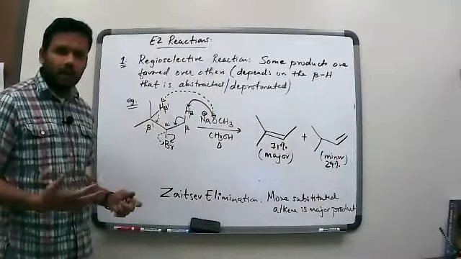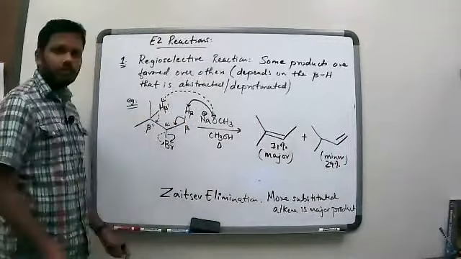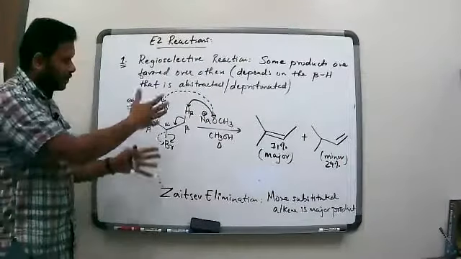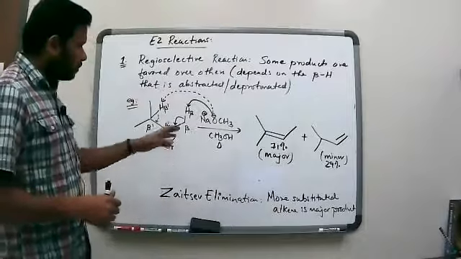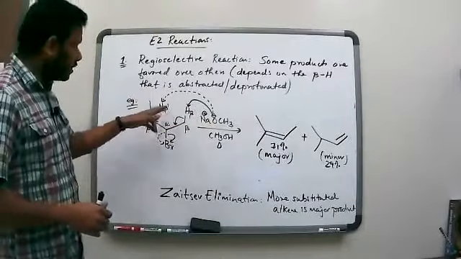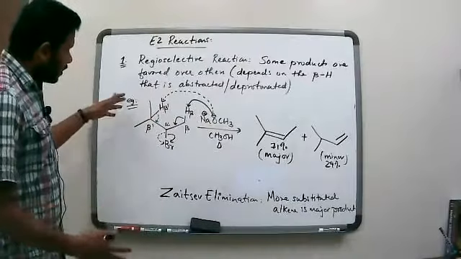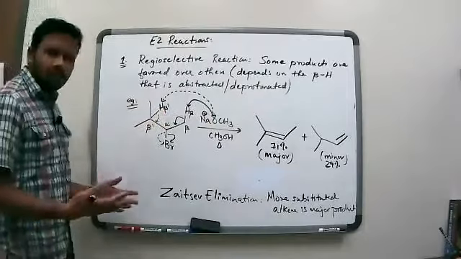But I don't want that. I want it to remove H beta more often than H beta prime. So we have to change something about this reaction so that the base would remove H beta more than H beta prime.